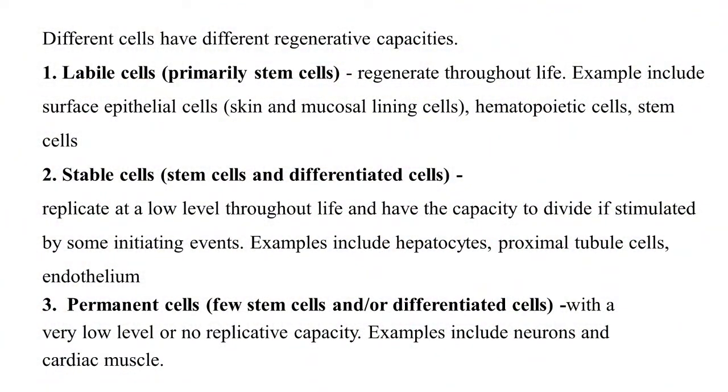Permanent cells are few stem cells and or differentiated cells with very low level or no replicative capacity. They do not have replicative capacities. Examples include neurons and cardiac muscles, the muscles of the heart.